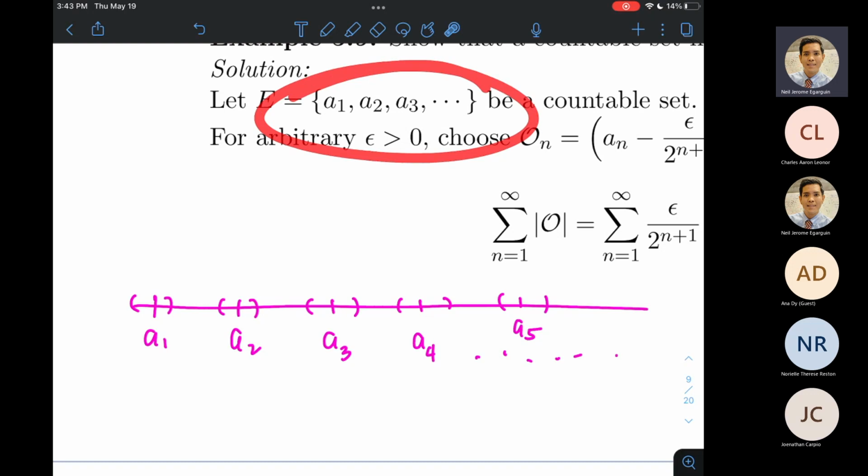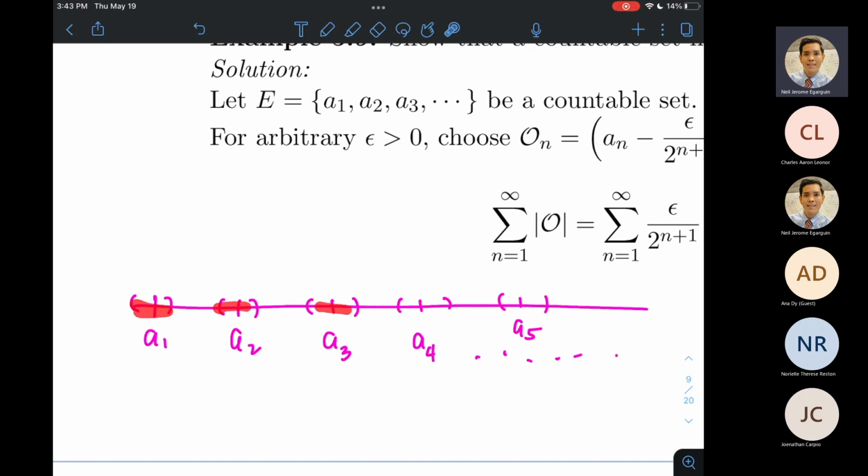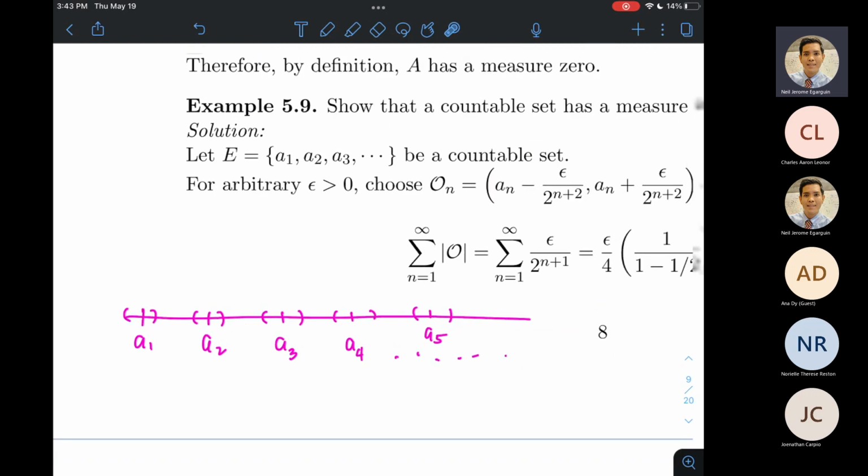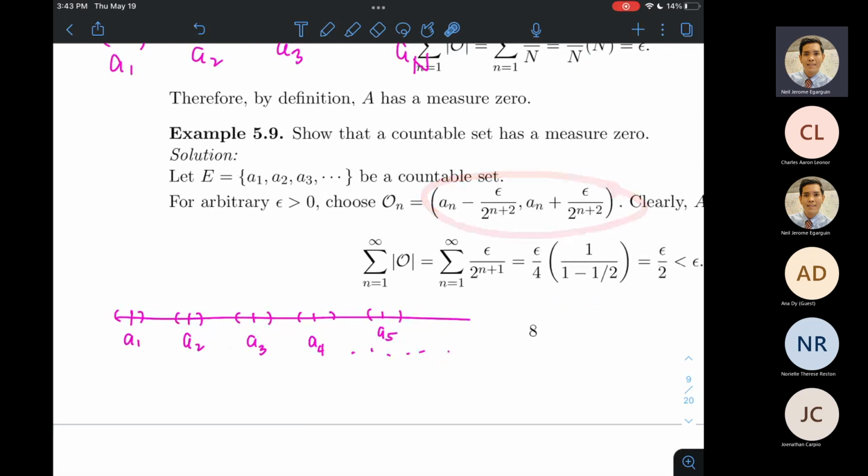Countable naman yung set E, tapos sa bawat isang member ng set E, meron akong isang pang-cover, so yung total number ng mga pang-covers ko ay countable pa rin. So pwede pa rin to. Tapos pagdidesisyonan ko na lang gaano dapat kahaba bawat isang cover. Sa bawat isang cover O sub n, ang suggested length niya ay ito. Dapat ang bawat isang O sub n ay A sub n minus epsilon over 2 to the power n plus 2 hanggang A sub n plus epsilon over 2 to the power n plus 2.